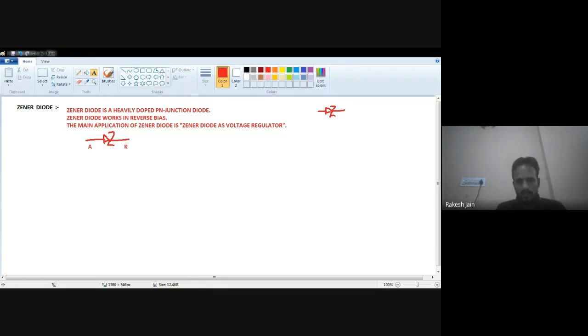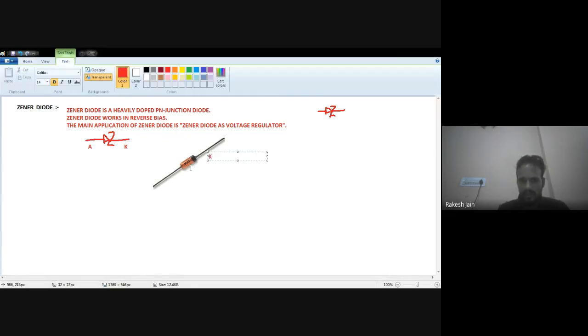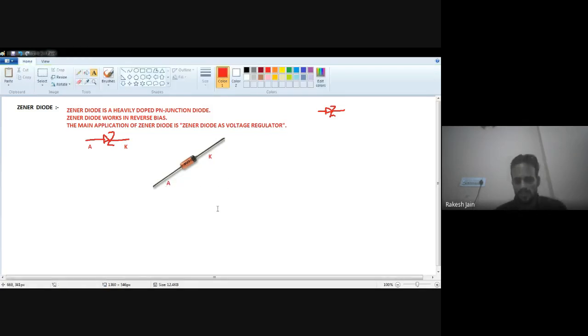So this is the practical image of a Zener diode. The black strip side is your cathode terminal, and the orange colored side is your anode terminal.